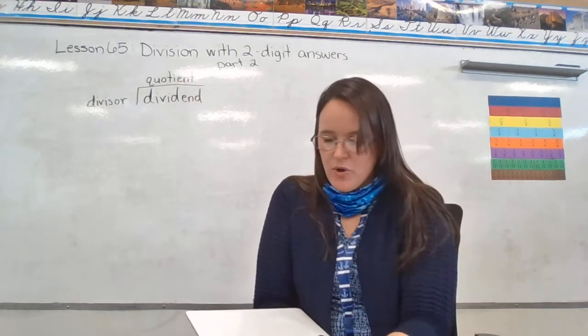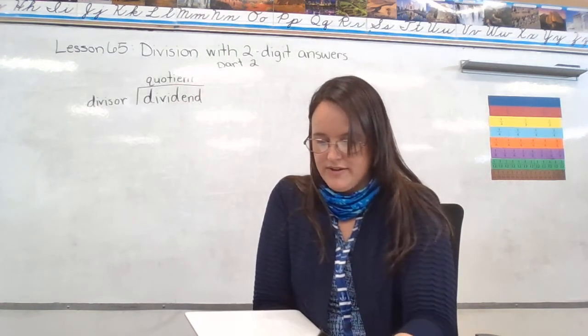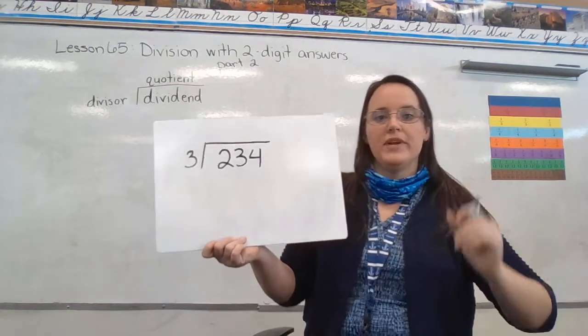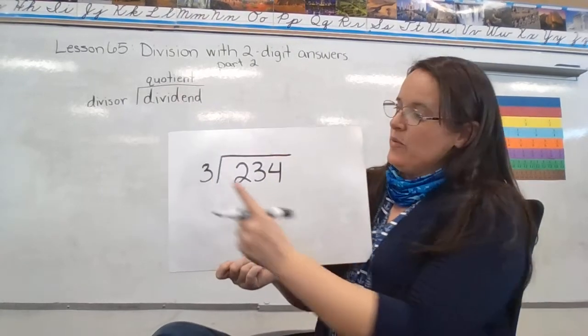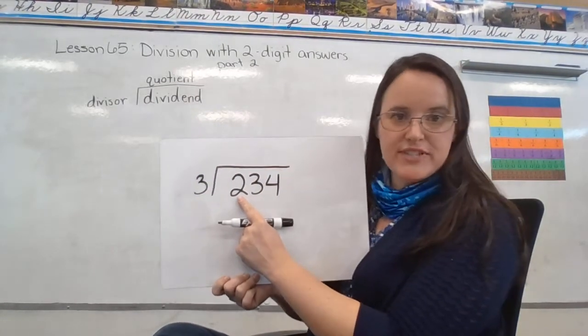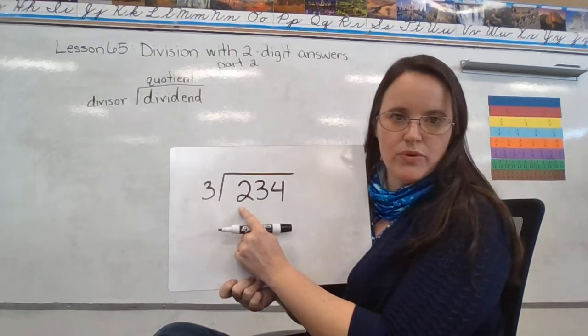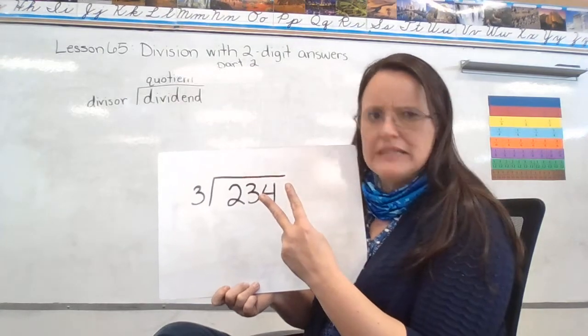Okay, so what if we have the problem 234 divided by 3? We are going to solve this just like we did yesterday. We're going to start just with our first digit and say, can 3 go into 2? If I have 2 M&Ms, can I make a group of 3?